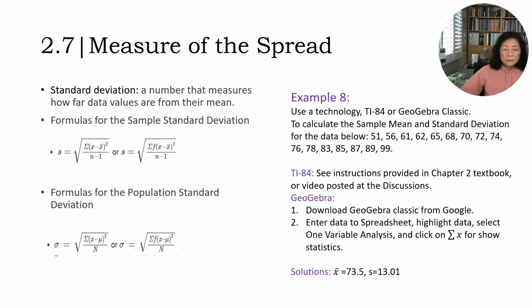Then square the difference, add them up, and divide by the total number of the population. When we deal with a frequency table, the difference of each data value from the mean, we need to multiply by its corresponding frequency, then add them up and divide by the total number of the population.